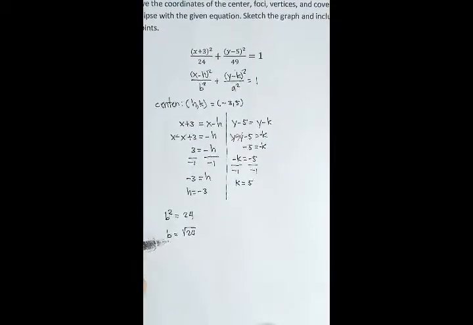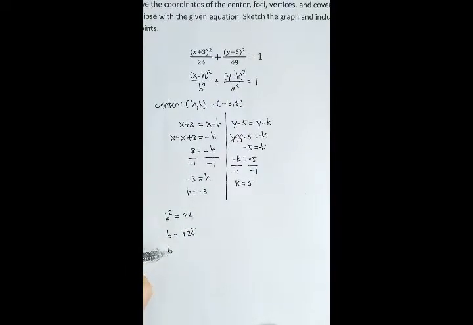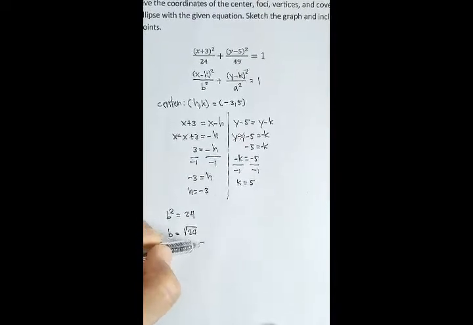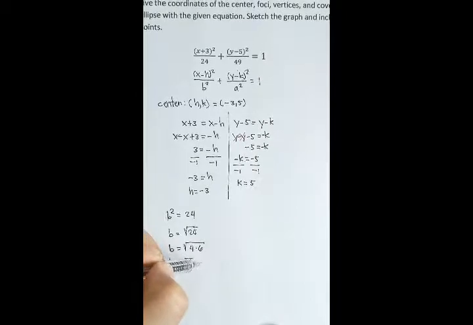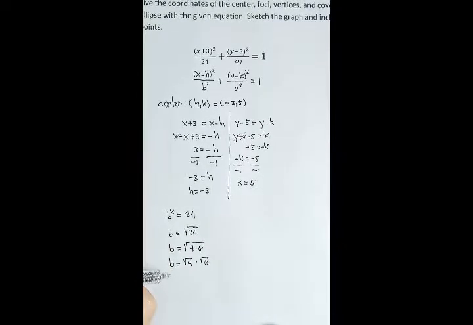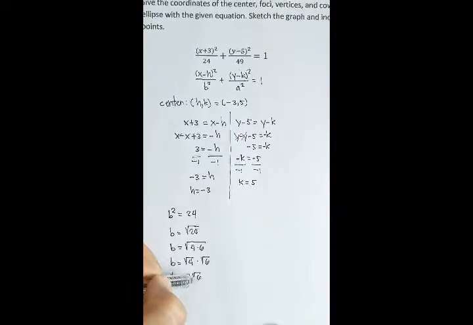Okay? So, we simplify it. So, b is equal to the square root of 4 times 6, which is 24. Then, simplifying further, we have the square root of 4 times the square root of 6. And the square root of 4 is 2, so b is equal to 2 square root of 6.